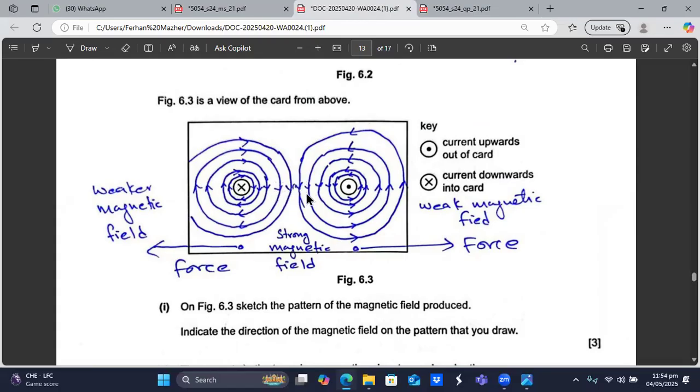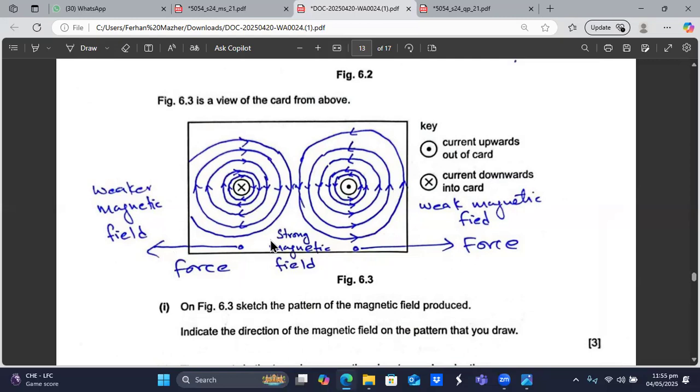So the magnetic lines here will become very close to each other, and the magnetic field here will become very strong, and on the sides the magnetic field will be relatively weak. So both these wires will experience a force in the outward direction. This wire will experience a force towards the right, and this wire will experience a force towards the left. This is one of the explanations.